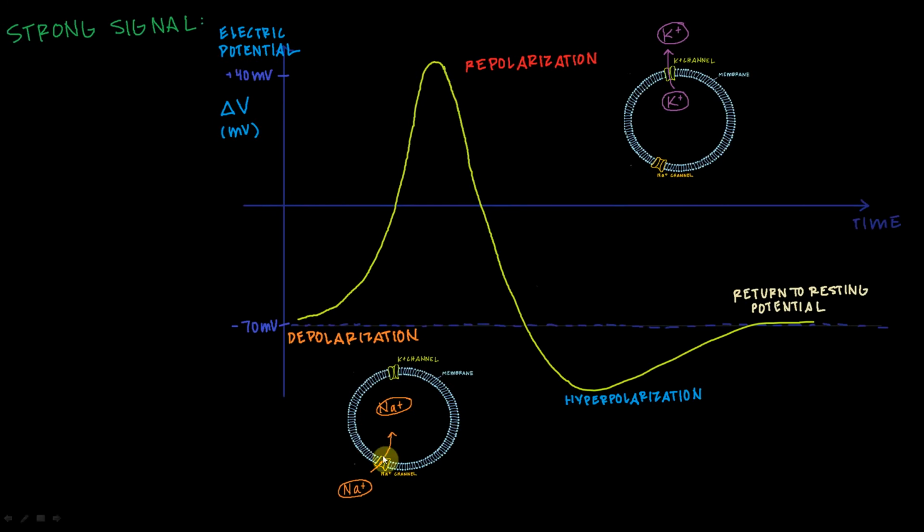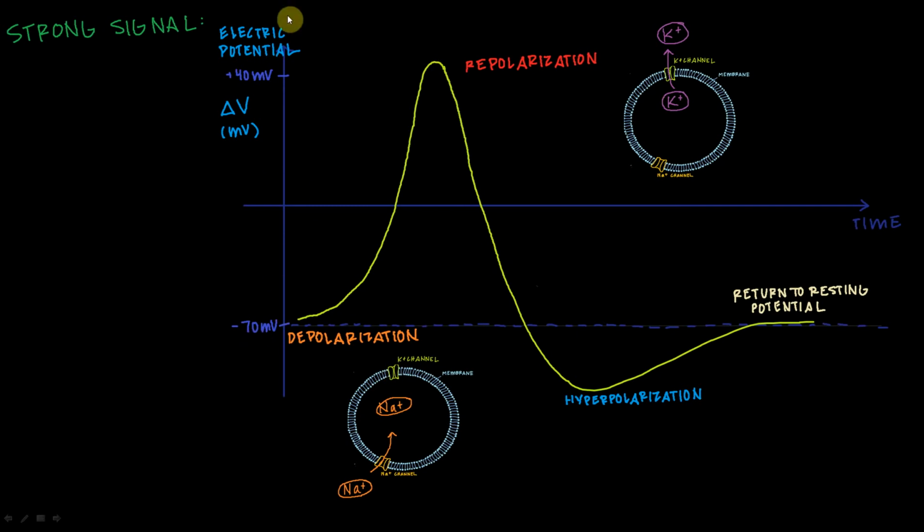And depolarization is simply that phenomenon that we just talked about, where sodium flows from the outside to the inside of an axon. So when depolarization occurs, it causes a steady increase in the electric potential. It causes a large change in electric potential because the positive charges are moving from the outside to the inside.